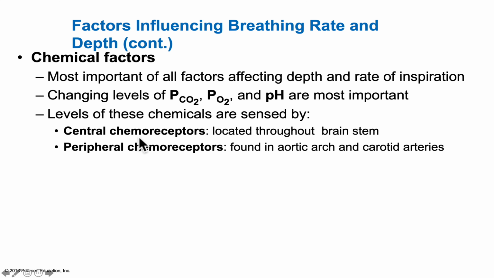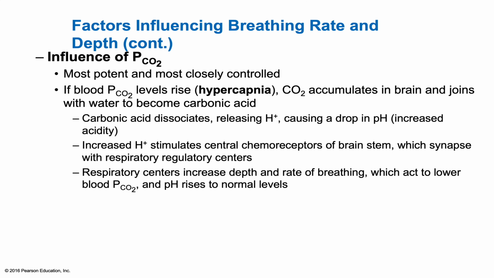Throughout the brainstem and the ventrolateral medulla, we find central chemoreceptors. And in the aortic arch and carotid arteries, we have the peripheral chemoreceptors. Of all the chemicals that influence respiration, carbon dioxide is the most potent and closely controlled.